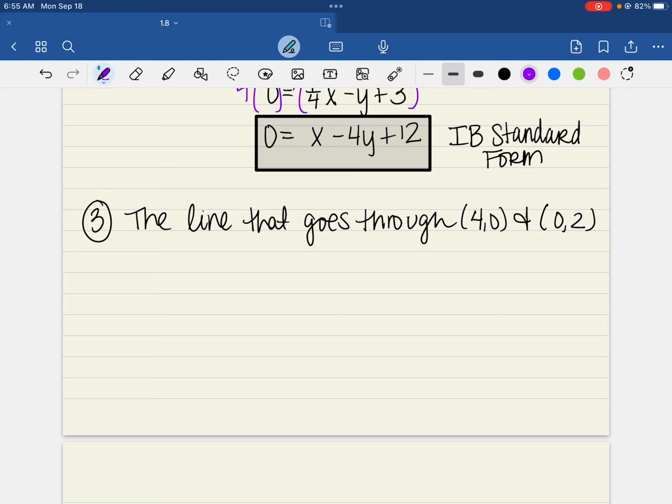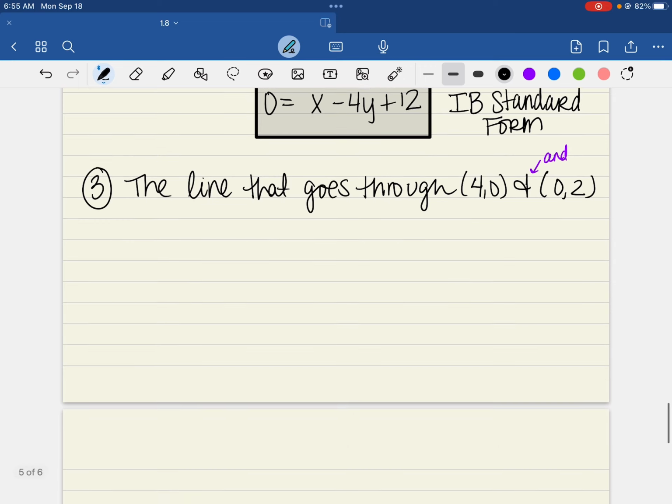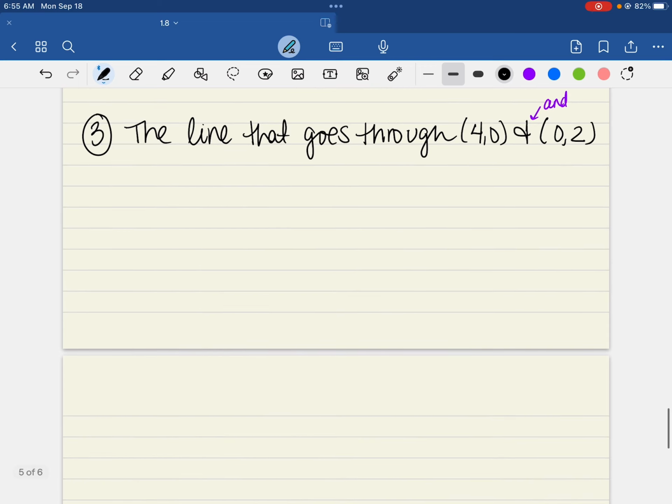This is just how I write my and symbol. The line that goes through (4, 0) and (0, 2). Pause, reflect, and try this problem.